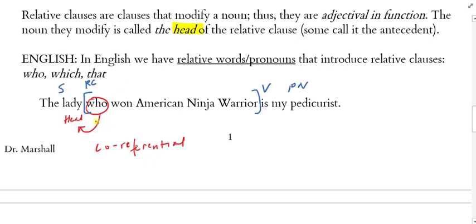So the noun lady and the pronoun who, they refer to the same entity, okay? So there, I'll make a picture of a lady there with nice long hair and a skirt. Same person. How do I know that they refer to the same person? Well, if I replace the pronoun with the head lady, then it would say the same thing, right? The lady is my pedicurist. The lady won American Ninja Warrior, right? Those are the same person. They are co-referring. They refer to the same thing, okay?